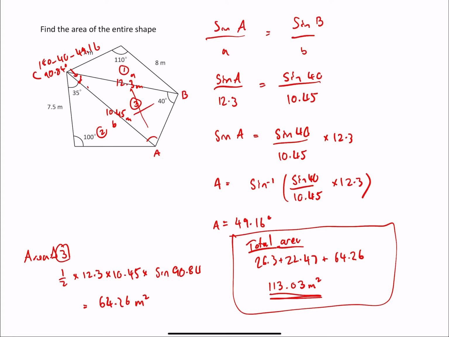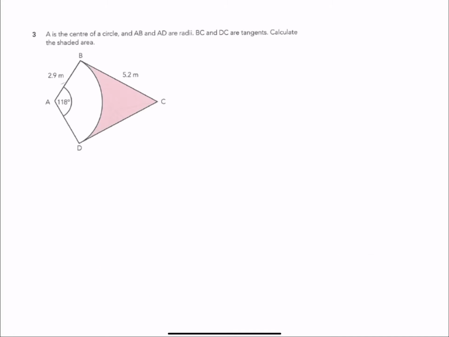This is a bit more basic than this question we've just looked at, but involves the sectors stuff. So we've got a shape here, kind of kite looking. I think it might actually be a kite. AB and AD are radii, BC and DC are tangents.